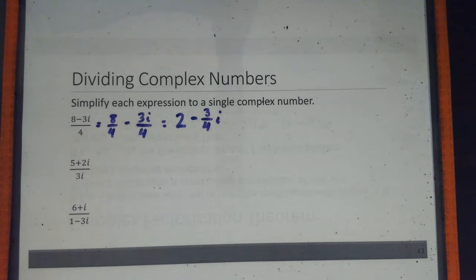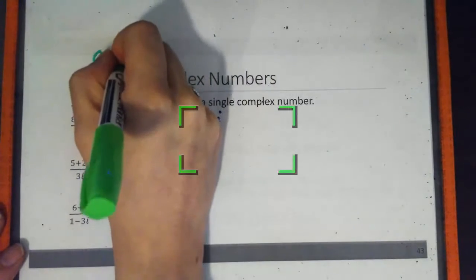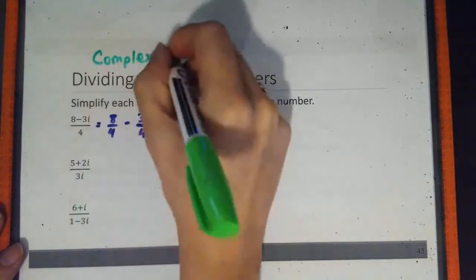Next up, we're looking at 5 plus 2i over 3i. What's going to come into play here is if you have an i in the denominator, we are going to multiply the numerator and denominator by the complex conjugate.